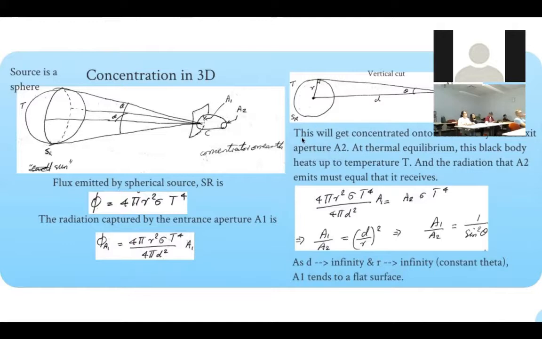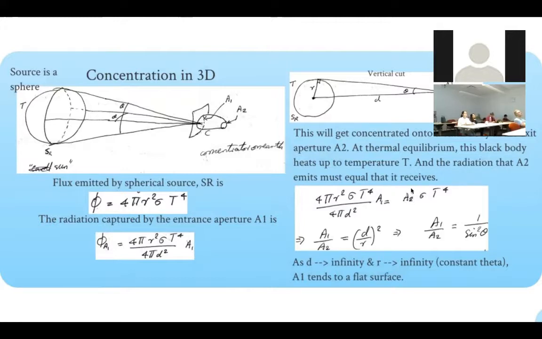The point, of course, is that this will get concentrated onto a black body at the exit aperture A2, just like before. And at thermal equilibrium, this black body heats up to a temperature T. So this black body here, which is, let's say, a solar cell, is at the same temperature as that of the source, the sun. And the radiation that A2 emits, because it is a black body, must equal that which it receives.